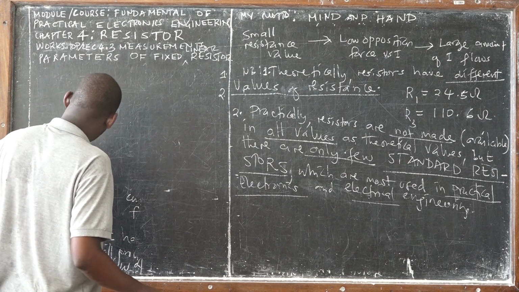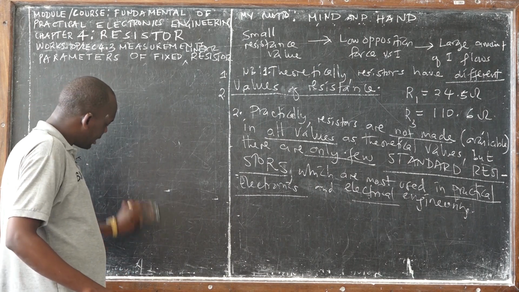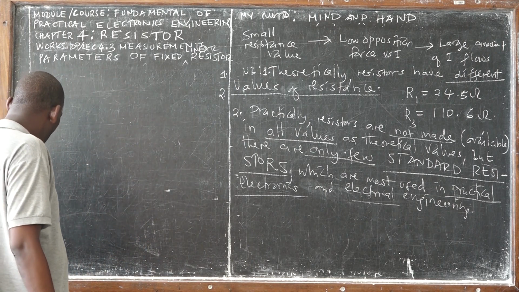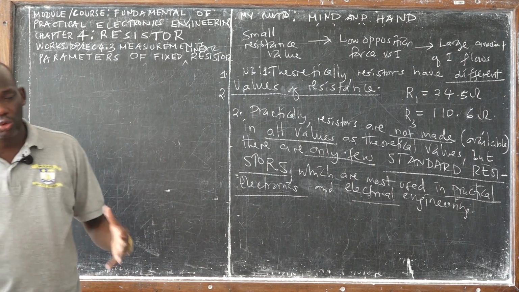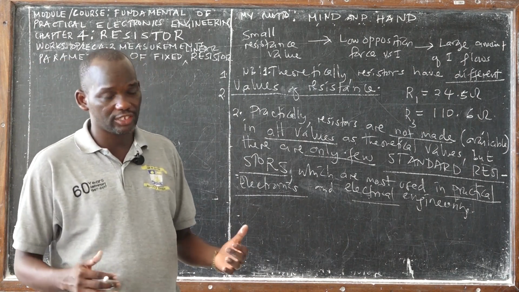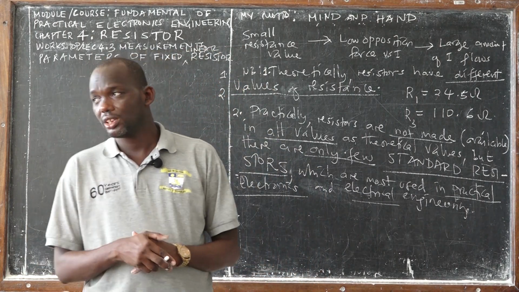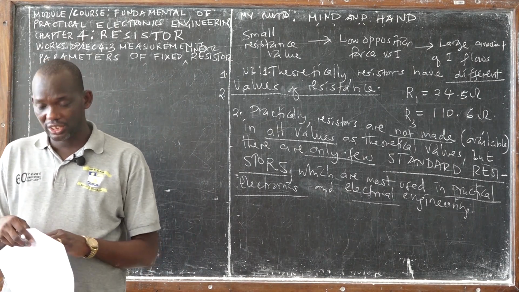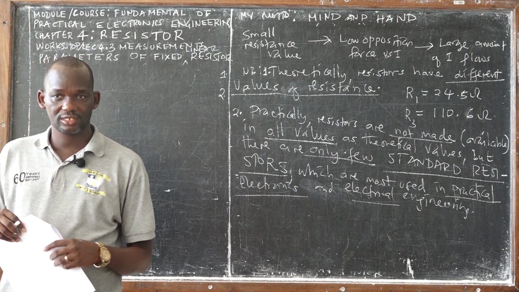I will give you some examples of those standard resistors, and then we will draw the table that presents some standard resistors of particular values of tolerance. The resistors also have another parameter called tolerance, which we will not discuss today. We'll discuss it in the next workshop because it's a very important parameter, and it also gives us another wide range of values of resistance.